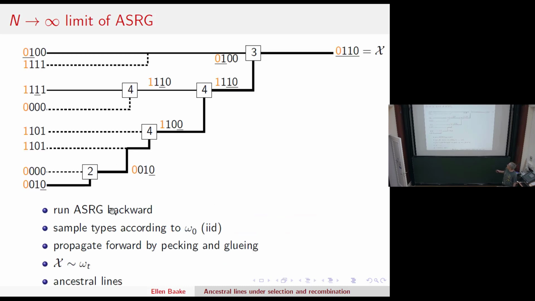Then we assign the types to the left of the graph by sampling a type for every line in an IID manner from the initial type distribution, and then we propagate the types forward by pecking and gluing, exactly as we already know. That gives us the type today.